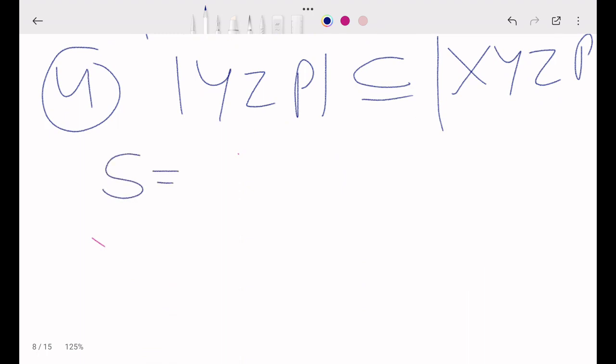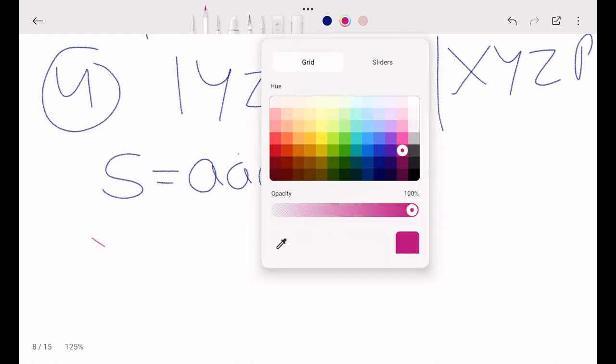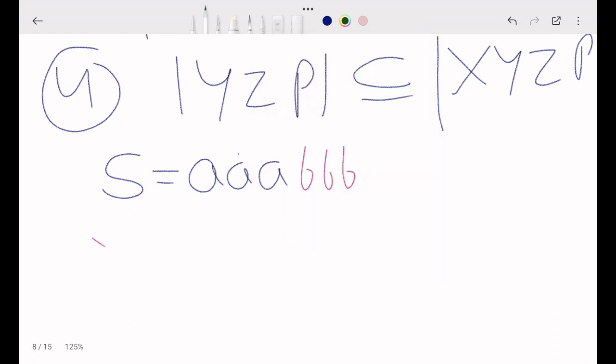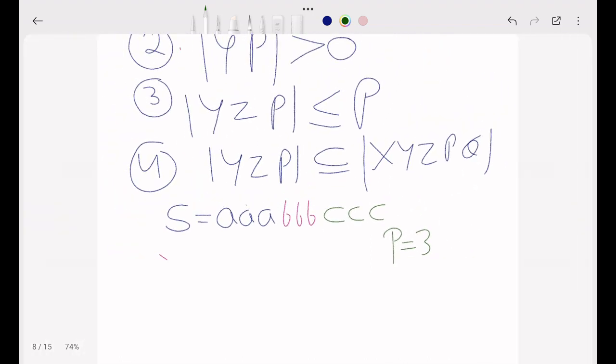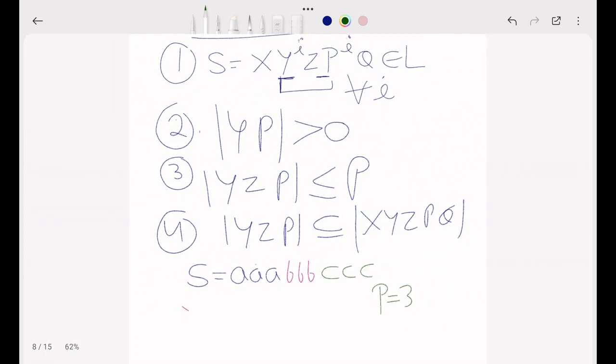Suppose my string is a, b, c, done. Let me take p is equal to 3 again. You can take any value. So now I have to divide this in 5 parts.